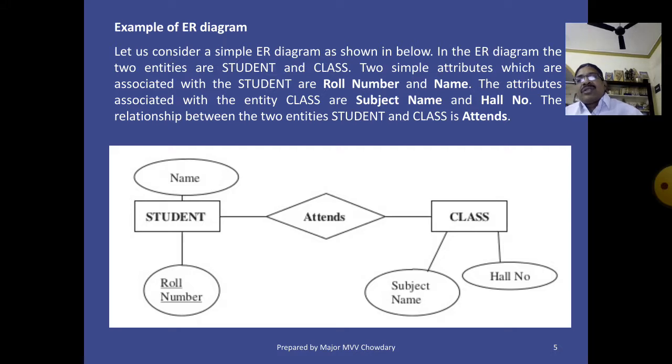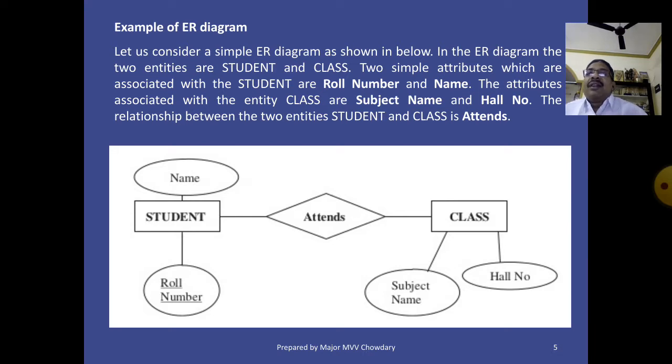Double ellipse, which represents multi-valued attributes. Dashed ellipse, which denotes derived attributes. Double lines, which indicate total participation of an entity in a relationship set.